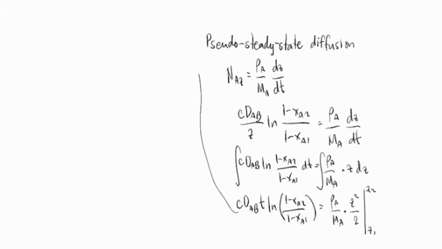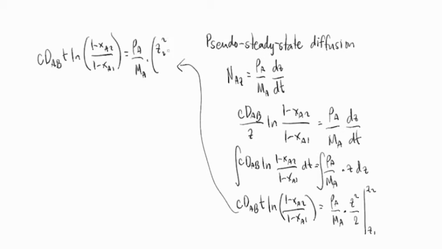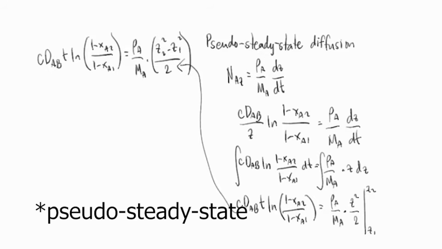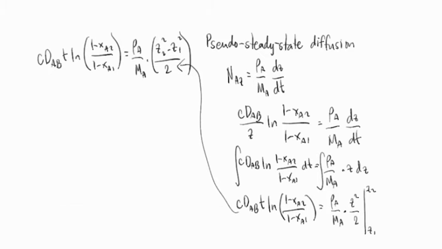Simplifying, we have C D_AB t ln of (1 minus x_A2) over (1 minus x_A1) is equal to rho_A over M_A times (z2 squared minus z1 squared) all over 2. Now, let's simplify this equation and solve for time. Because for pseudo-steady-state diffusion, most often we will be solving for the time elapsed for the liquid to go down from level z1 to level z2. Okay?